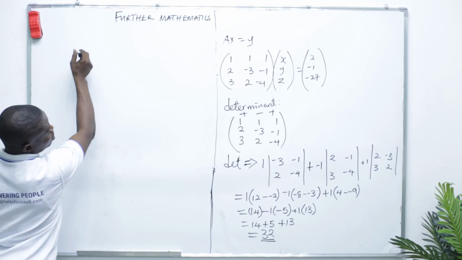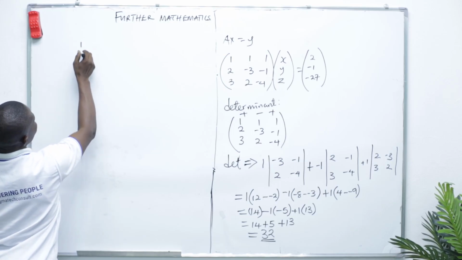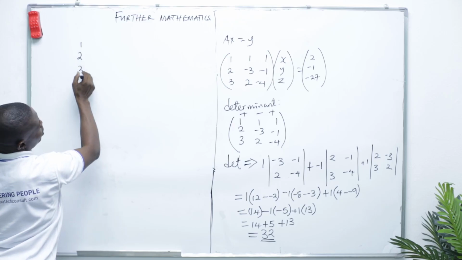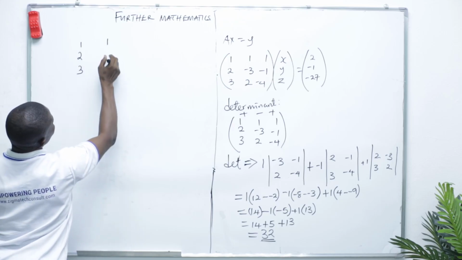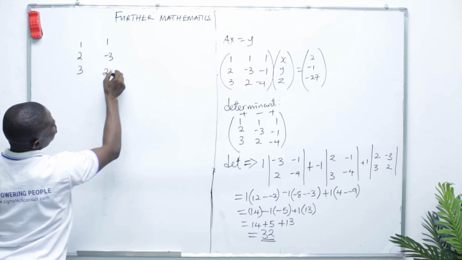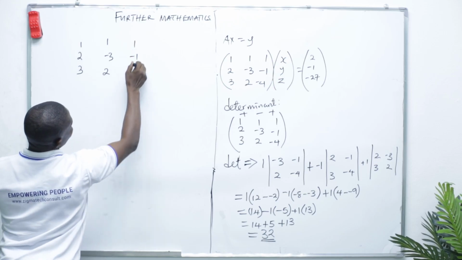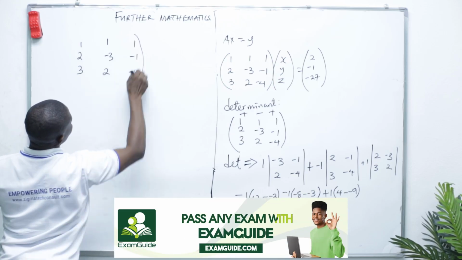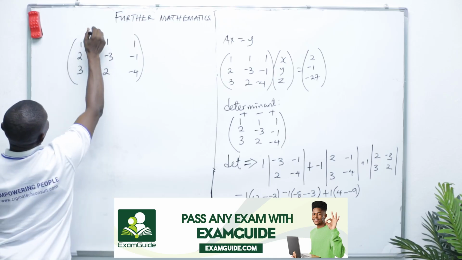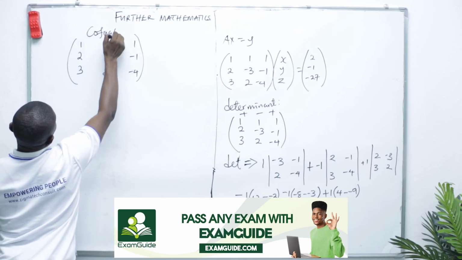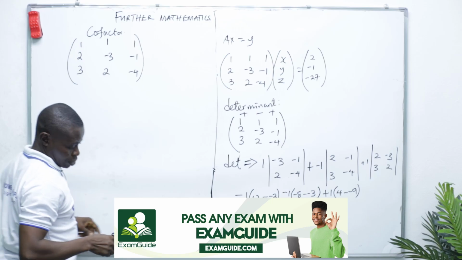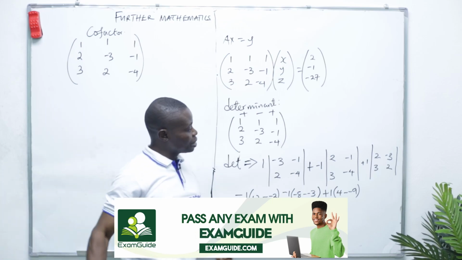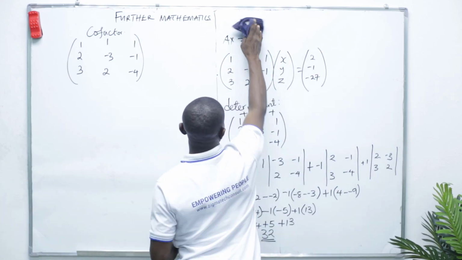I still have the matrix there: 1, 1, 1; 2, minus 3, minus 1; 3, 2, minus 4. Cofactor. Recall our determinant, I want to keep it somewhere.